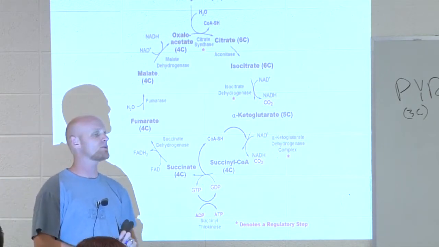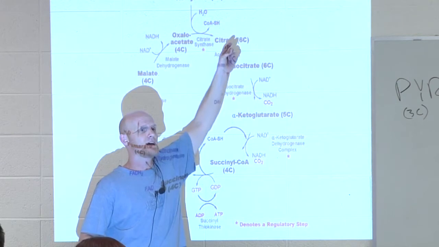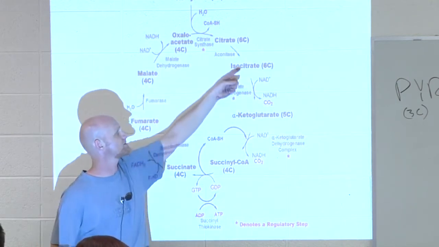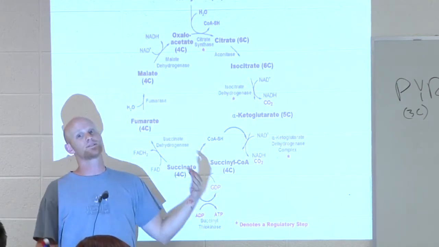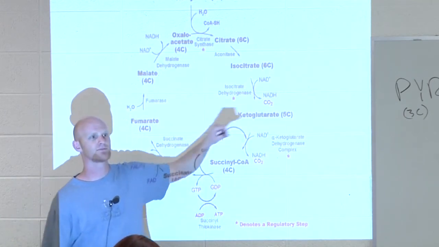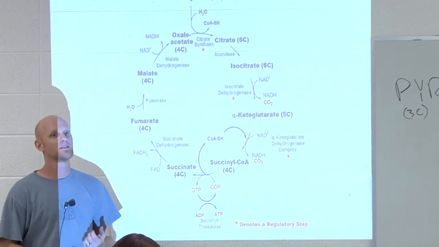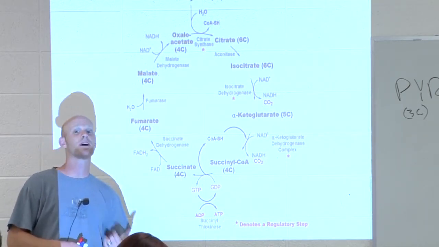Cool. Once you've gone there, I would keep track of where your carbons are. Every place you lose a carbon, notice we lose one from isocitrate to alpha-ketoglutarate. Where does that carbon go? That's your CO2 being given off. And if CO2 is given off, usually that implies that you had a carboxylate that was decarboxylated.